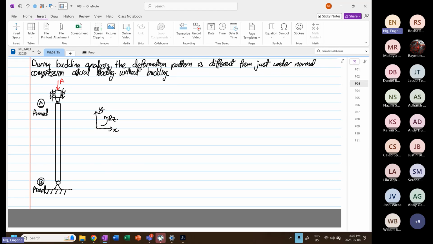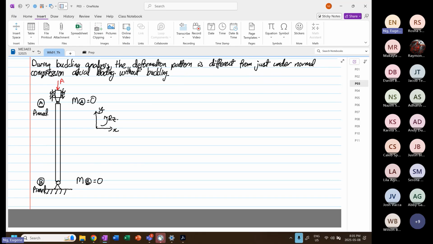And because it's pin, okay, I want you all to start realizing this: the moment at point B is equal to 0, right? It's pin. And the moment at point A is also equal to what? Also equal to 0. Again, this is because it is pin, okay, for that reason.